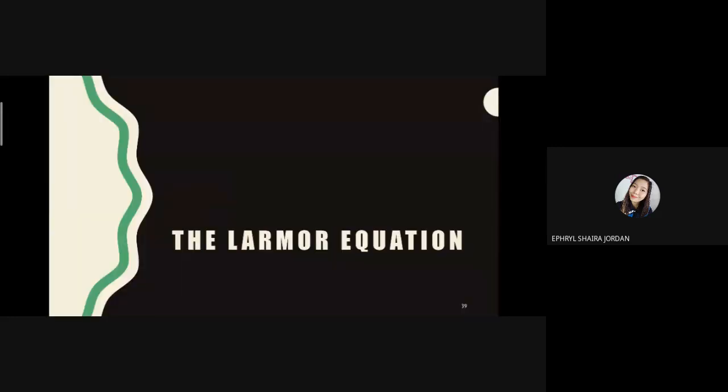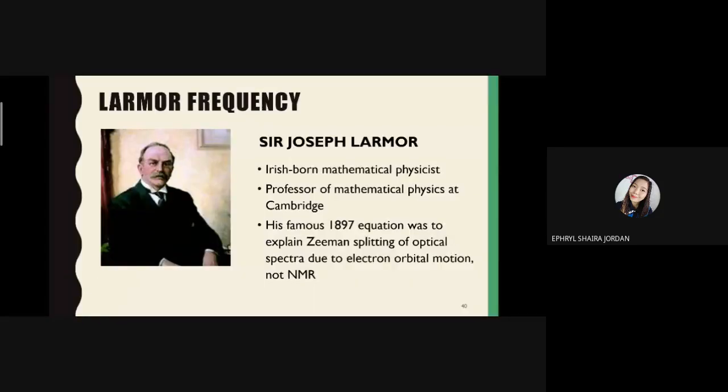Now, let's discuss the Larmor equation. So, the Larmor frequency, it was Sir Joseph Larmor who introduced the Larmor frequency. Sir Joseph Larmor is an Irish-born mathematical physicist, and also he is a professor of mathematical physics at Cambridge University.